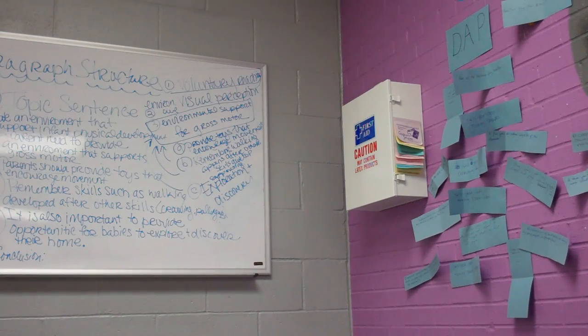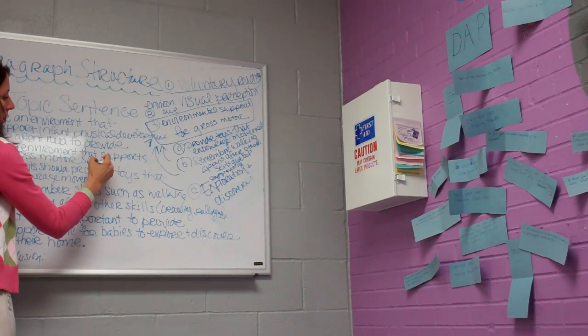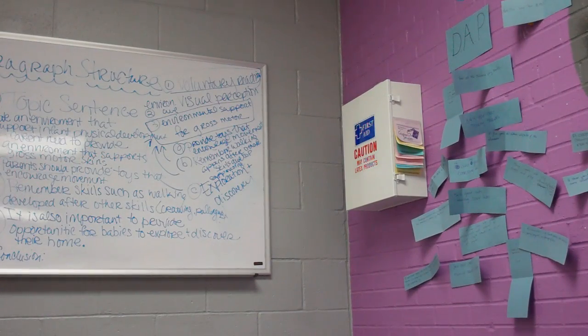To create an environment that supports infant physical development, parents need to provide an environment that supports gross motor skills. Parents should provide toys that encourage movement, remember skills such as walking, develop after other skills. In fact, this sounds a little funny, doesn't it? Like it's almost like it's missing something. Yeah. So how about if we do "they should"? That's a little bit better.